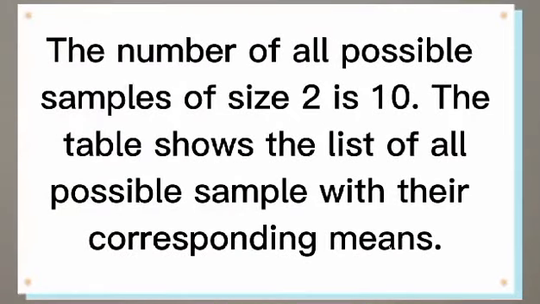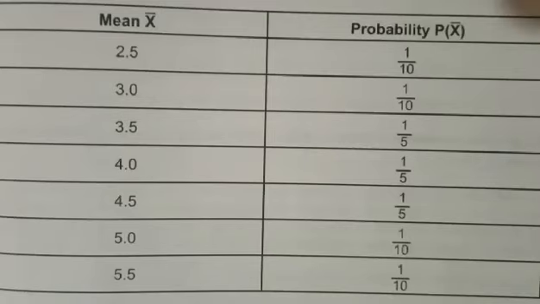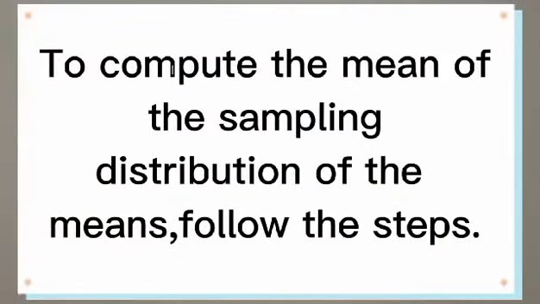Okay, class, after we have computed the mean of the population, let us have the second step, wherein we list the number of all possible samples of size 2, which is 10. The table here shows the list of all possible samples with their corresponding means, and the sampling distribution of the sample means is given using this table. To compute the mean of the sampling distribution of the means, we follow these steps.